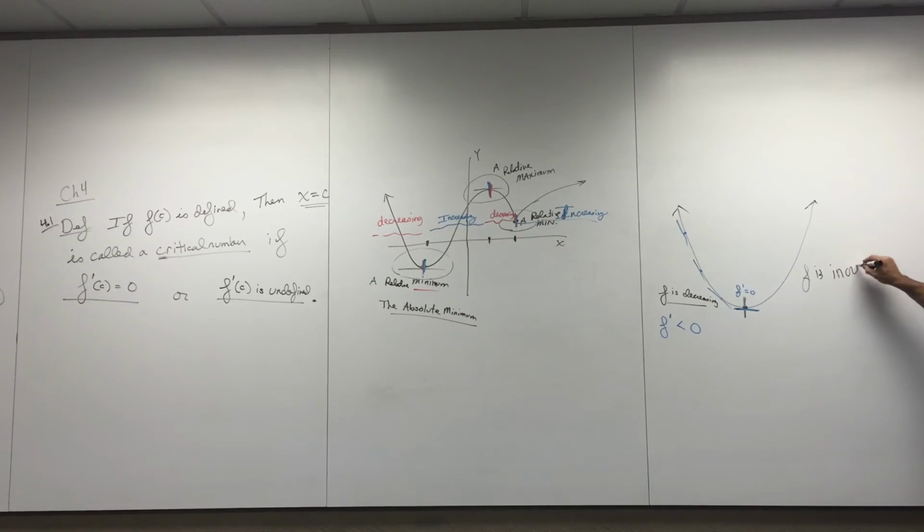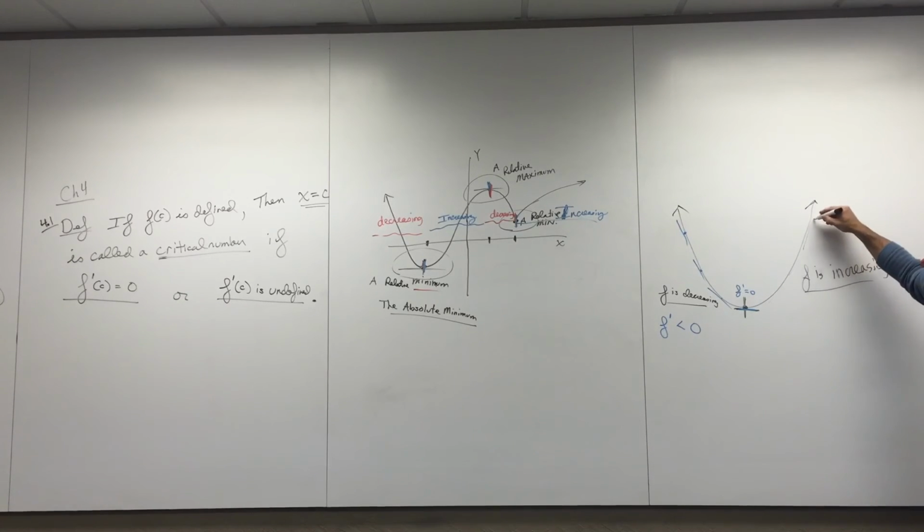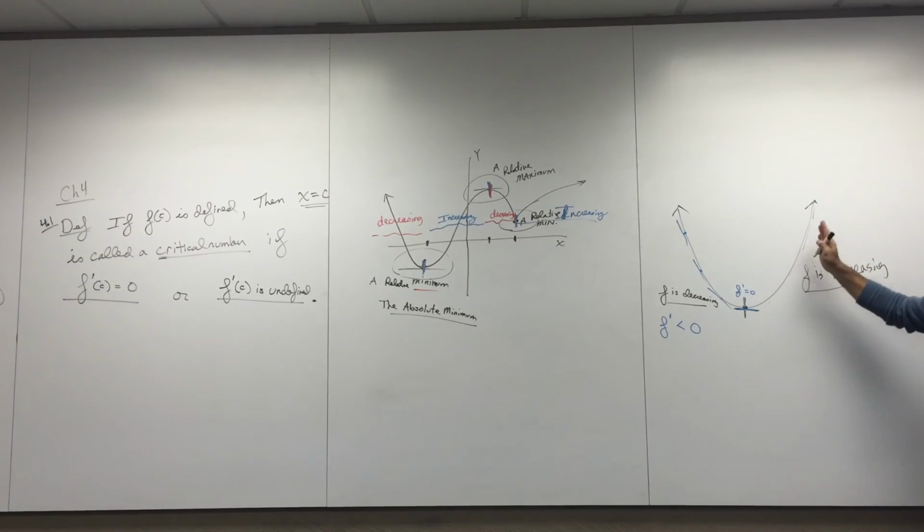The function is increasing. But what's the derivative doing? I don't want to say whether it's increasing or not. The derivative is the slope of this tangent line, and because it's slanting that way, it is positive. That's all I want to say. The derivative is greater than 0, or positive.